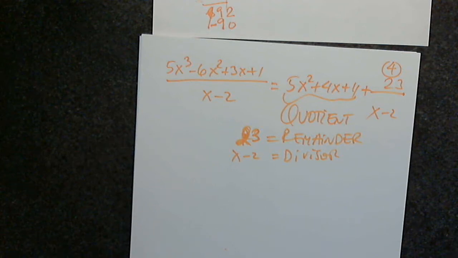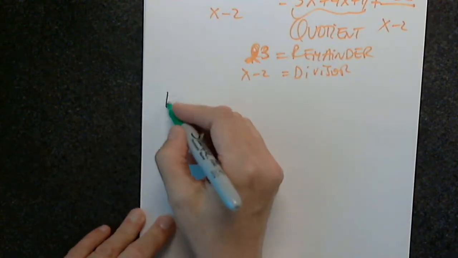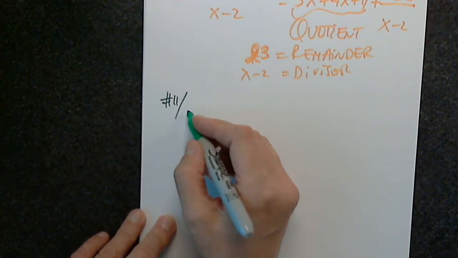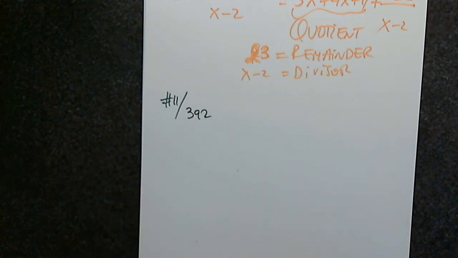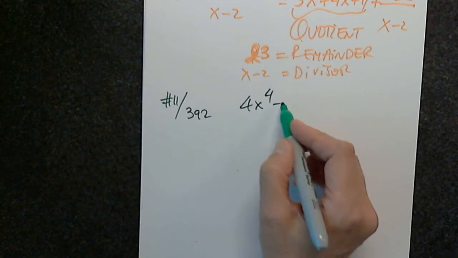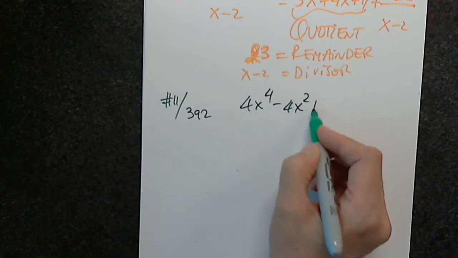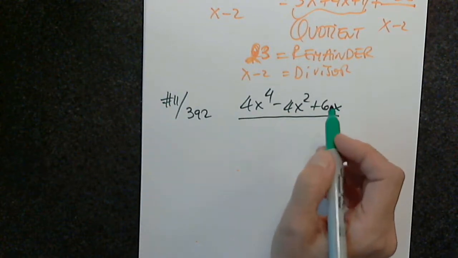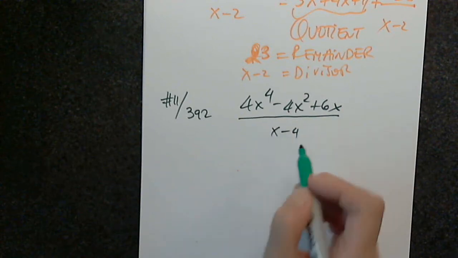Okay, so let's look at number 11 on page 392. 4x to the fourth minus 4x squared plus 6x, everything divided by x minus 4.